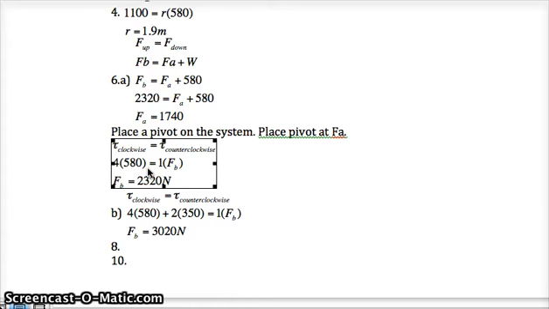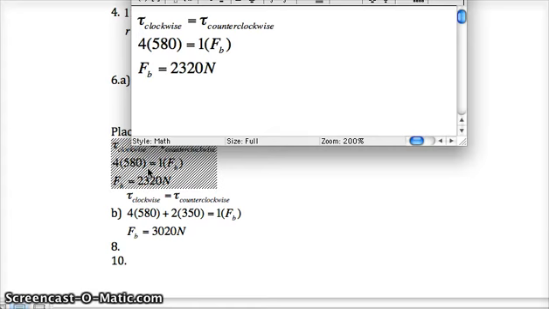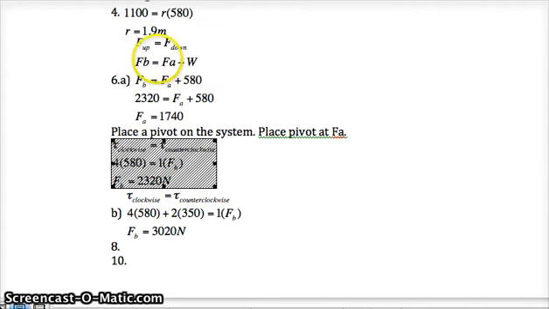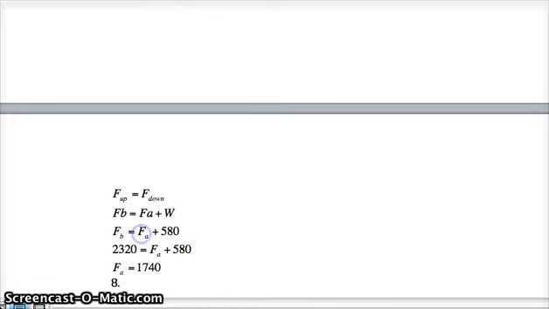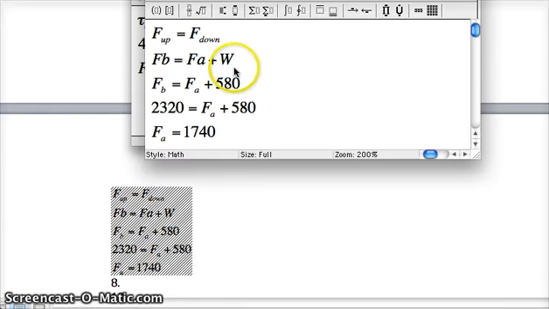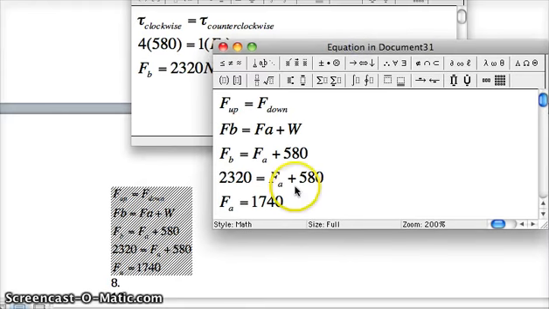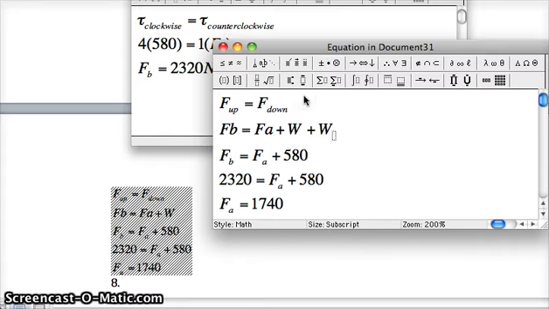And then we can go back and find the new value for FA. Oh, sorry, did the wrong one. There. So we did the torque equation first, so what's different now is, instead of having just the weight of the person, we have the weight of the bridge, or the weight of the board.